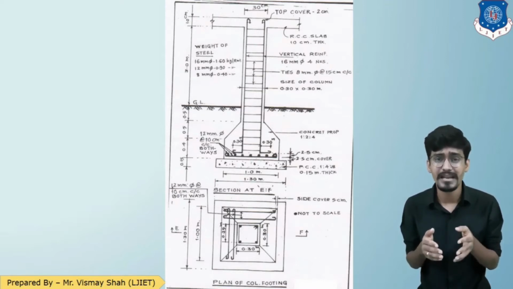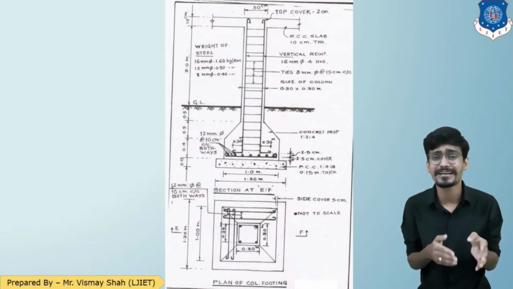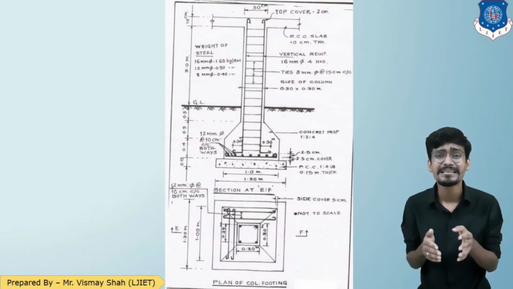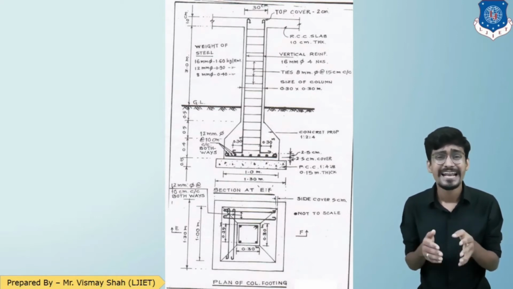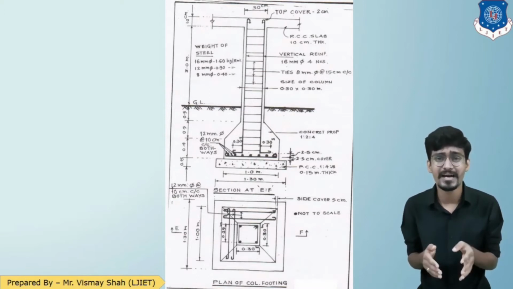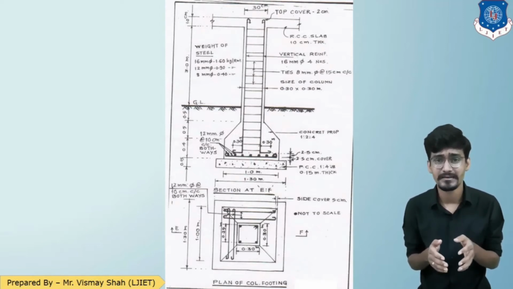At the bottom level in the column footing, there is 12 mm diameter reinforcement bar having center to center distance of 10 centimeter. Now there are lateral ties of 8 mm bar. Center to center distance is 15 centimeter.